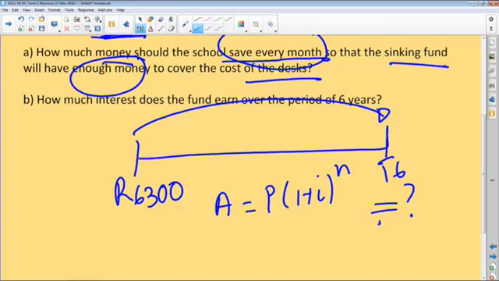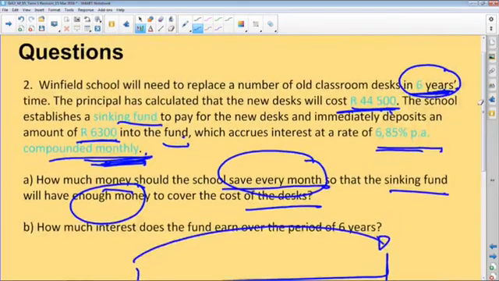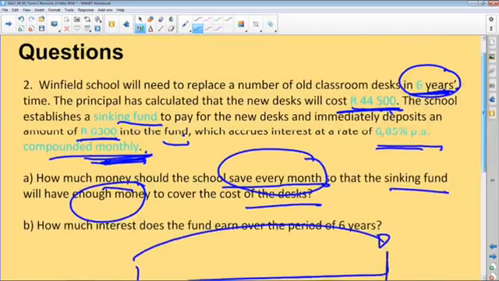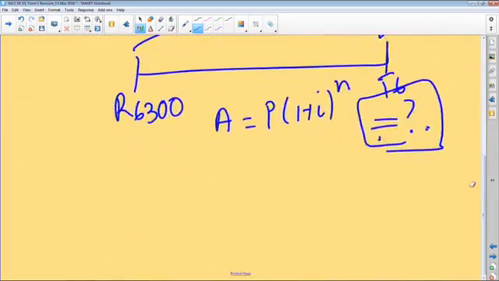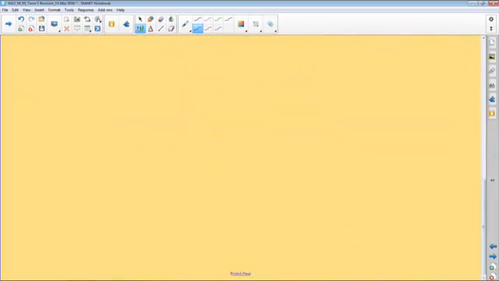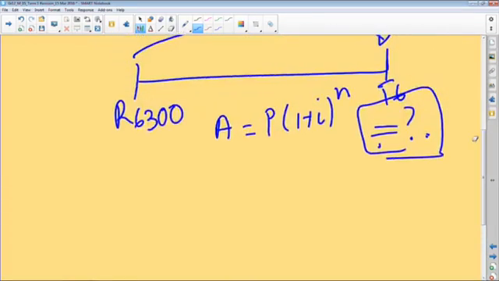Because the question asks how much money they're going to have to save every month, you can therefore assume that that amount is not going to be 44,500 Rand. Otherwise, we wouldn't need to deposit more money in. So how do we find out what the value of this deposit is going to be? Well, we use our compound interest formula.